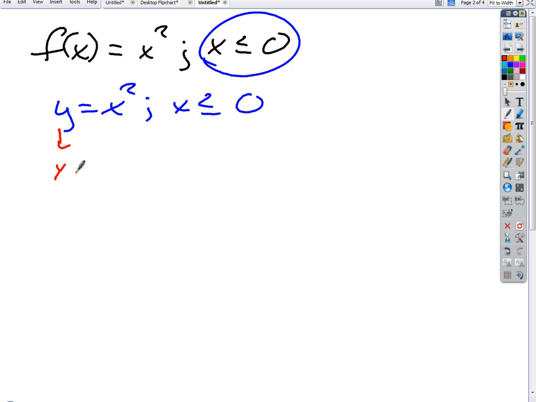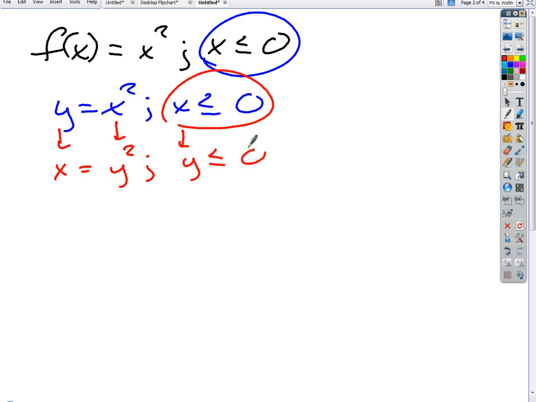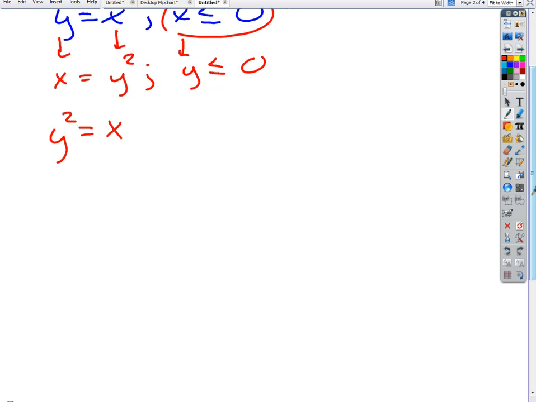Well, x equals y squared. And what does this become? y is less than or equal to 0, right? Okay, if I turn this around so that it becomes y squared equals x, and I solve for y, don't I get y equals plus or minus the square root of x, right?